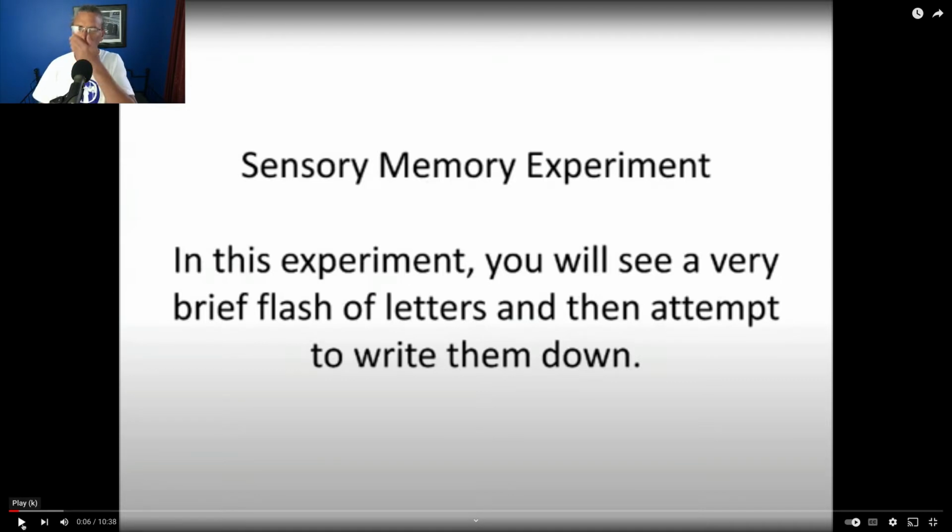Okay, so I will walk you through this, and you will get the instructions here. George Sperling came up with this experiment to try to show that this form of memory existed, and to measure it. You're going to see a very brief flash of letters, and it'll flash really quickly.